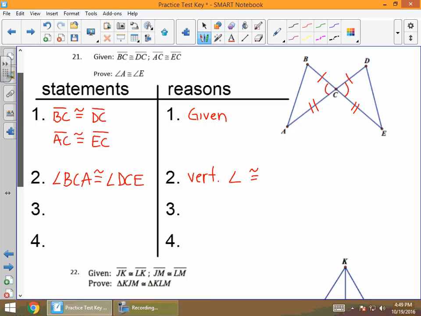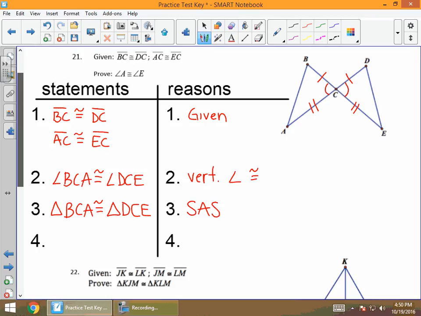As I look at my two triangles now, I do have one of my theorems that can be used at this point. So I'm going to say that triangle BCA, the triangle on the left, is congruent to triangle DCE, the triangle on the right, by the theorem called side angle side. If you remember proving triangles congruent, you had side side side, side angle side, angle side angle.